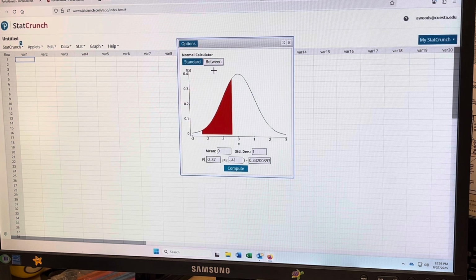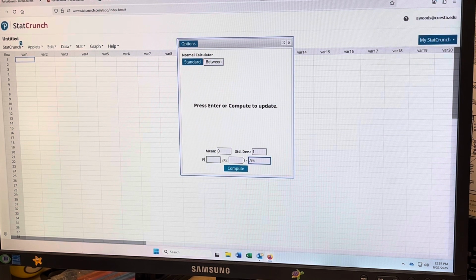So we click on between, and the nice thing about the normal curve is whenever it says bounds the middle 95%, it means that it's symmetrical. So we don't have to worry about it being off kilter or anything. It's going to do it symmetrical. So we just click on between, and then all we have to do is change this area to 0.95.